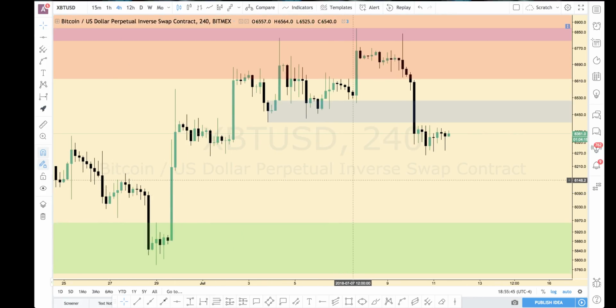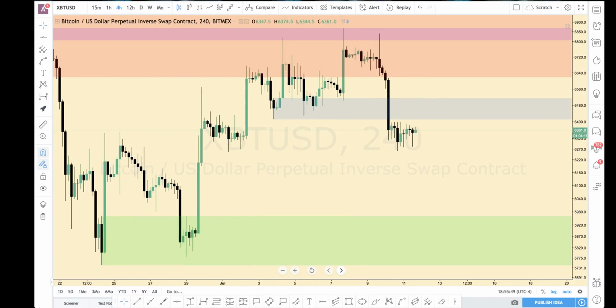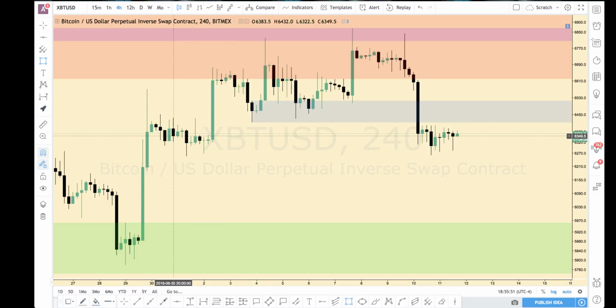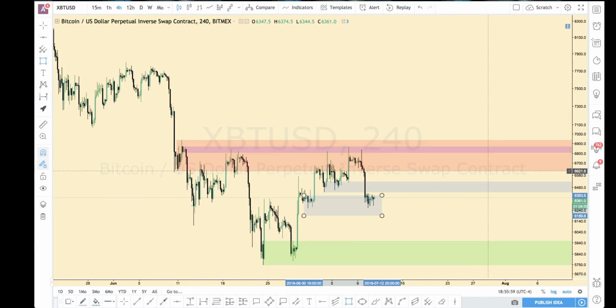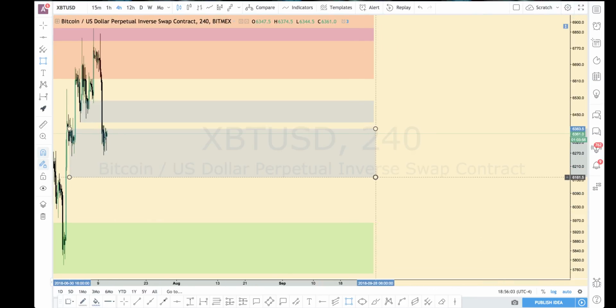So I basically want to figure out, this is how I like to draw it. And this kind of gets on my nerves when my rectangles are very close, but I honestly think, at least for me, in the way that I want to trade this, this is the best way to draw this rectangle.